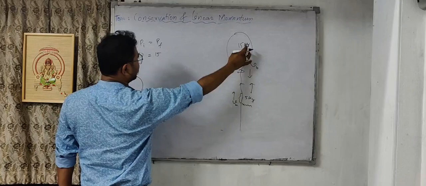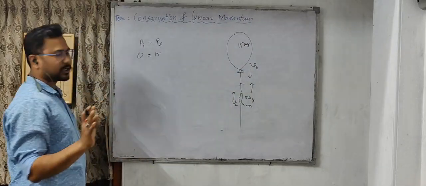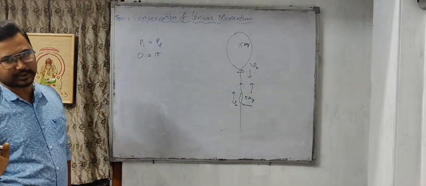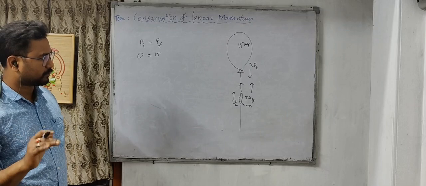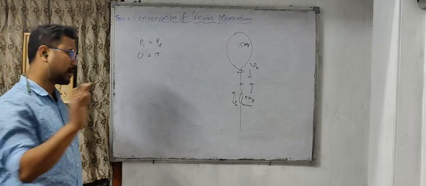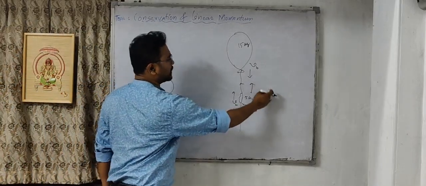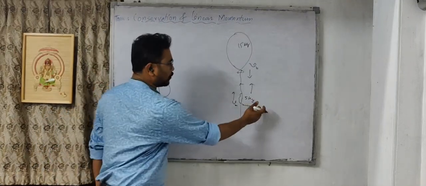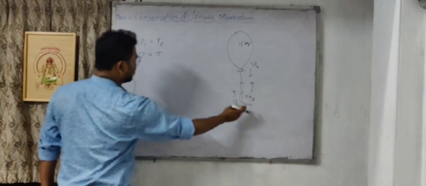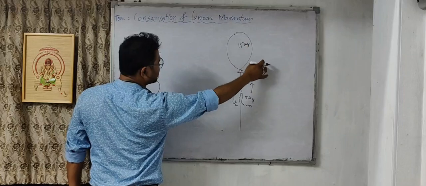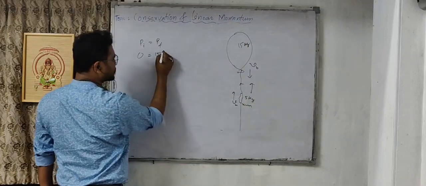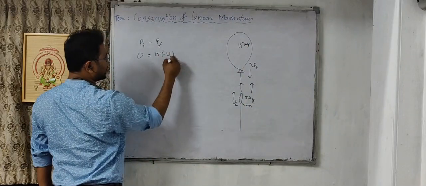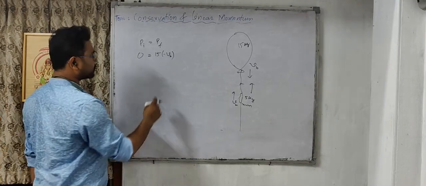15, that is the mass of the balloon. First of all, tell me which one you are going to take positive, the velocity of man or the velocity of balloon? I am taking the velocity of man upward as positive. So if upward is positive, the balloon is going downwards, so the velocity of balloon you have to take negative, correct?